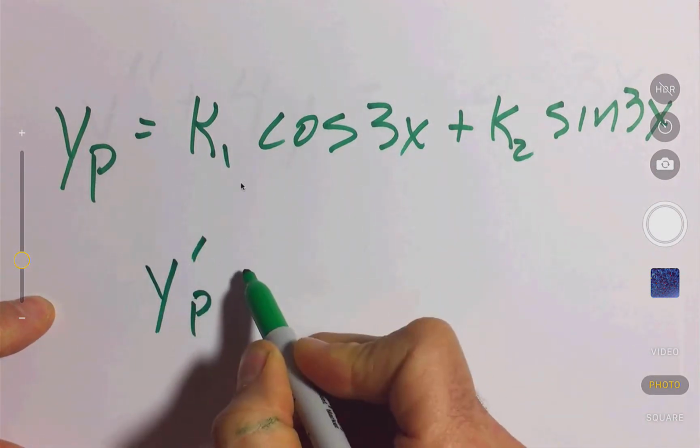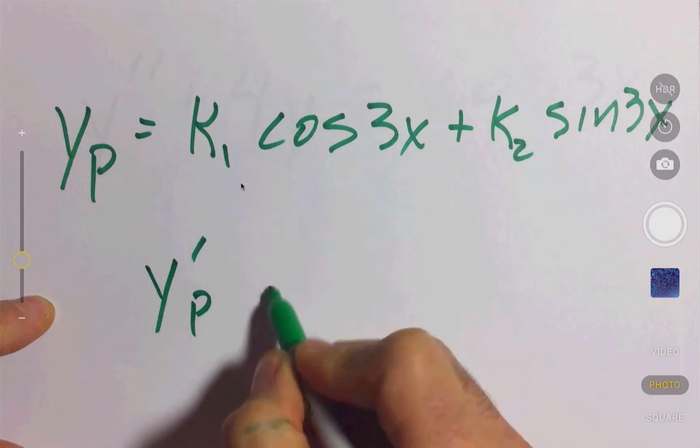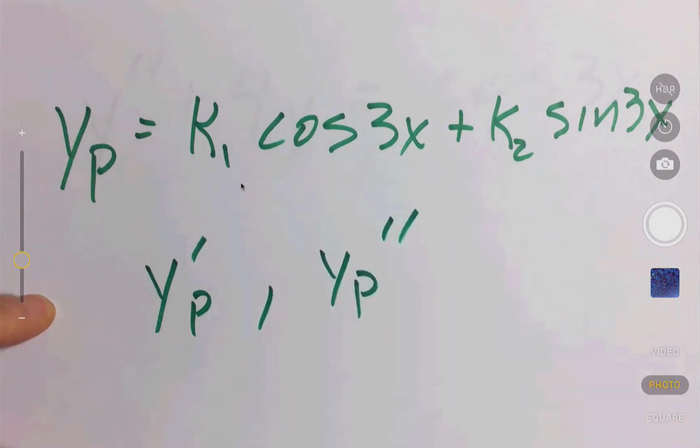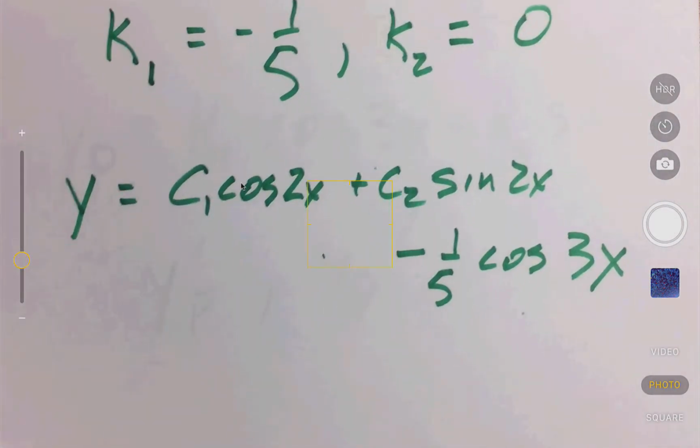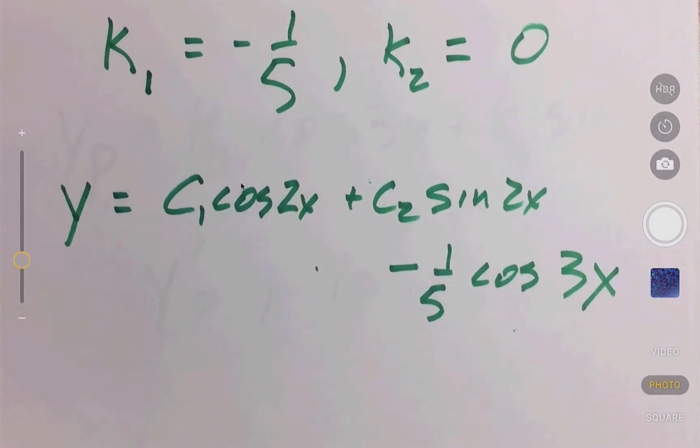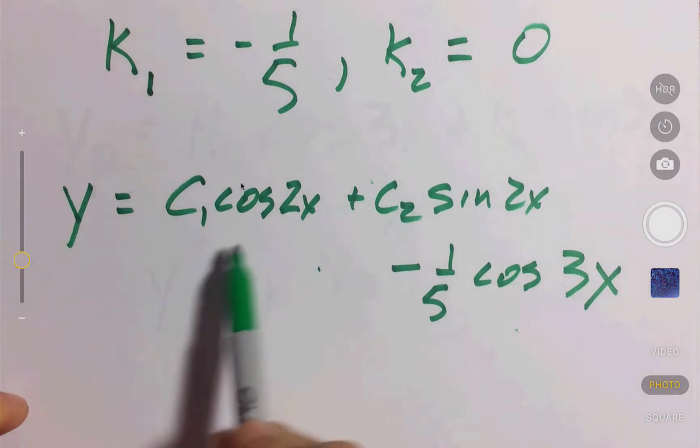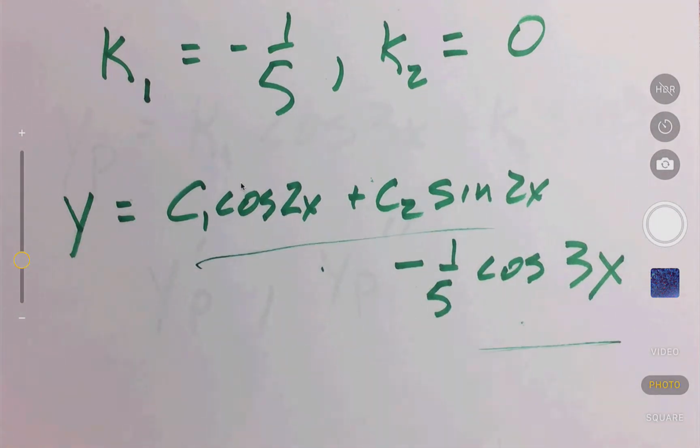Write down the derivatives and substitute into the differential equation and figure out what the constants should be. Right? And I'll leave that to you. If you do that, you'll find that you get these for the constants. Okay? General solution is the sum of the homogeneous plus the particular.